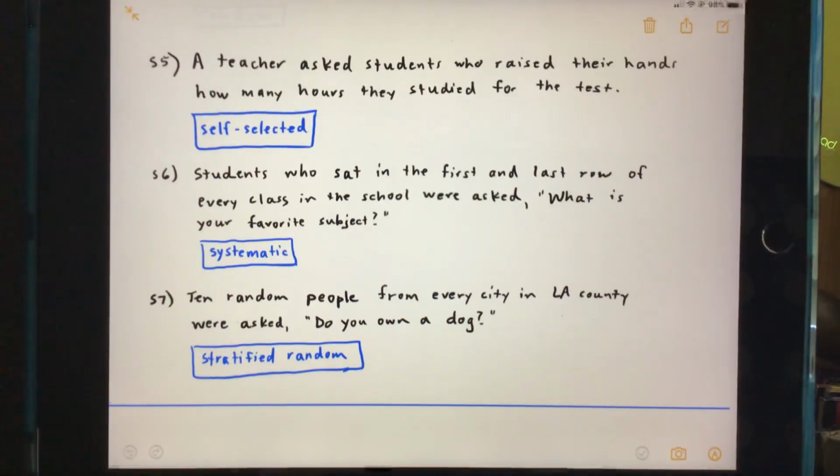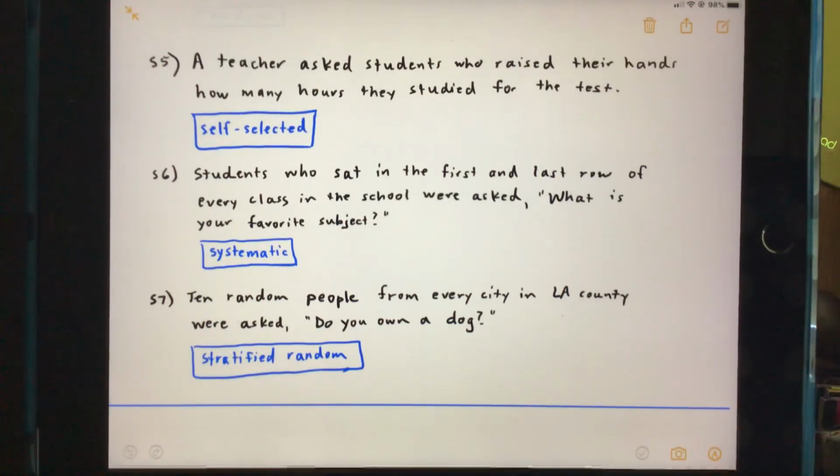Sample 7. 10 random people from every city in LA County were asked, do you own a dog? So perhaps there was a study that was underway to find out the percentage of people or families in LA County that owned a dog. This is an example of a stratified random sampling method. First, we group all of LA County into cities, and then within each of those cities, 10 random people are selected to answer the question.